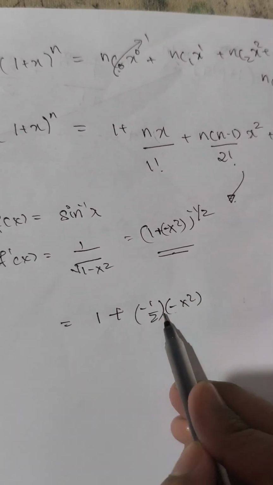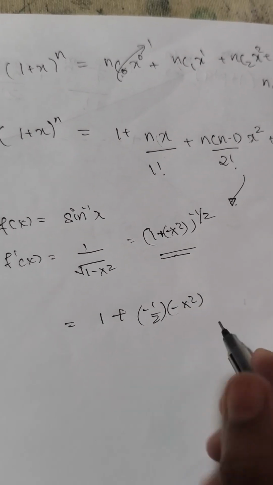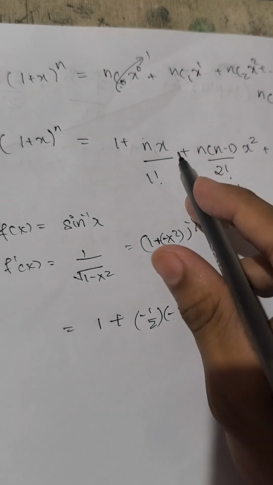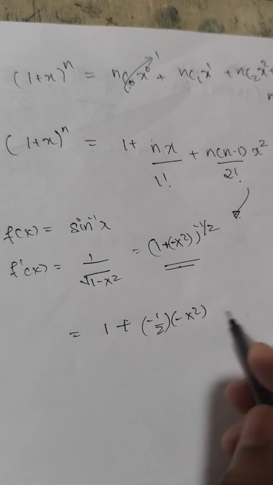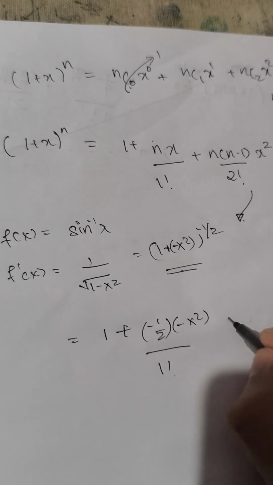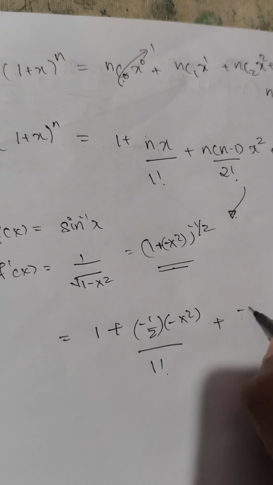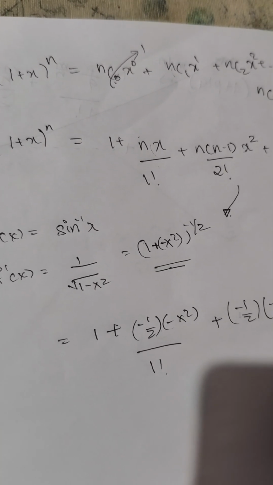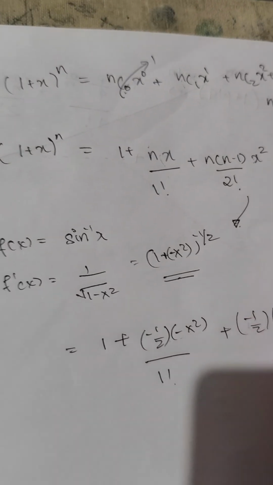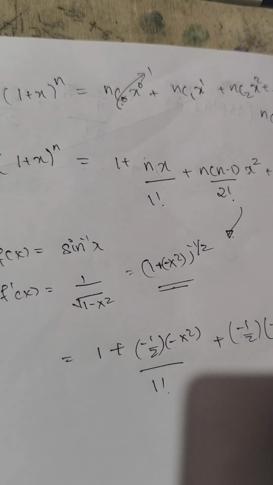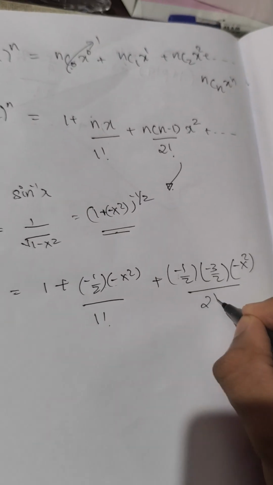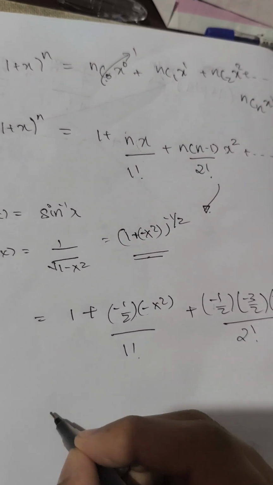So n is minus half, and minus x squared is there in place of x, divided by 1 factorial, plus (minus half minus 1, which is minus 3 by 2) into minus x squared, divided by 2 factorial, and so on and so forth.